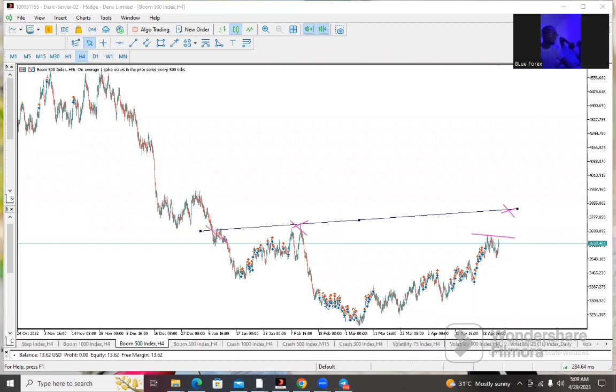So I'm waiting for the market to touch this place, then I'll go in. If I'm going in for this market, I'll go huge because that's the right place for the market to take a retracement, to make a rejection.